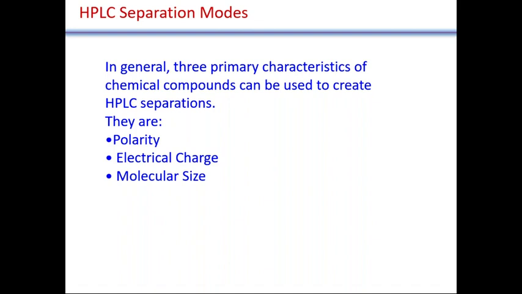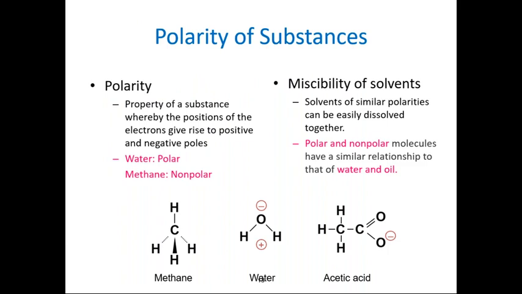But in the current HPLC techniques, the most popular mode by which the separation takes place is because of the polarity. So what is polarity? Polarity is the property of a substance where the positions of the electrons at different points give rise to negative or positive poles.